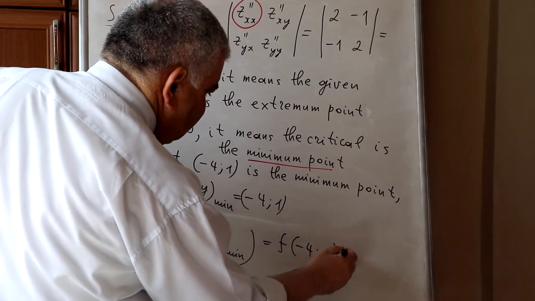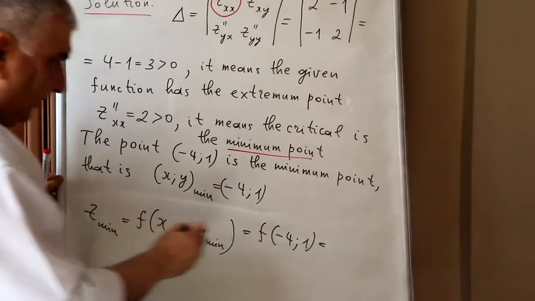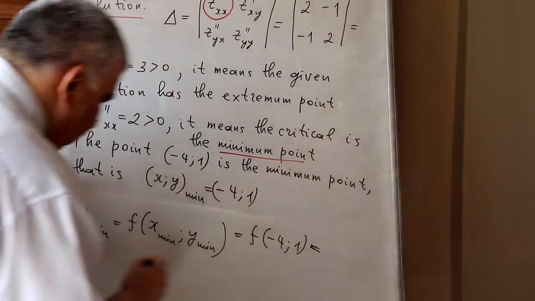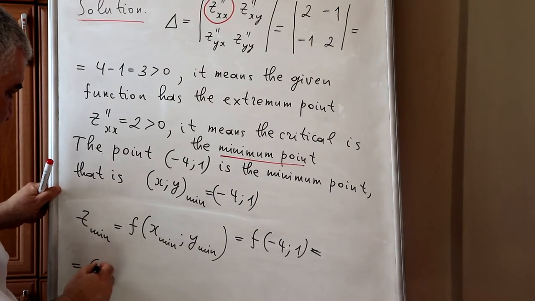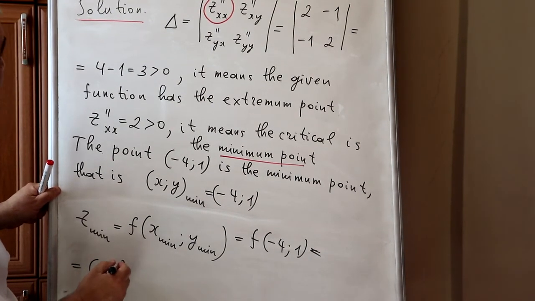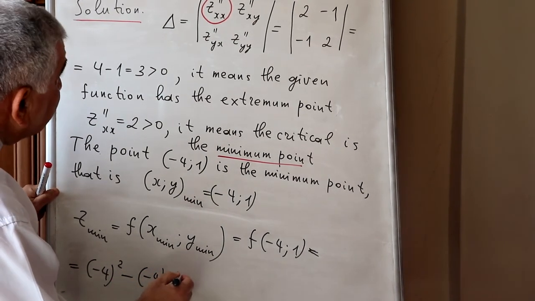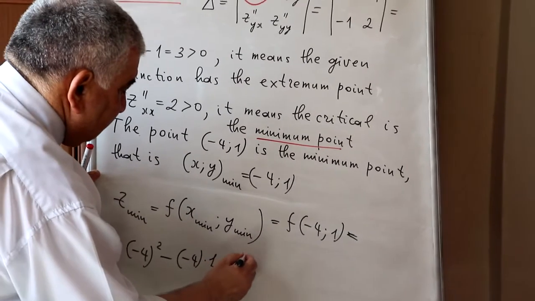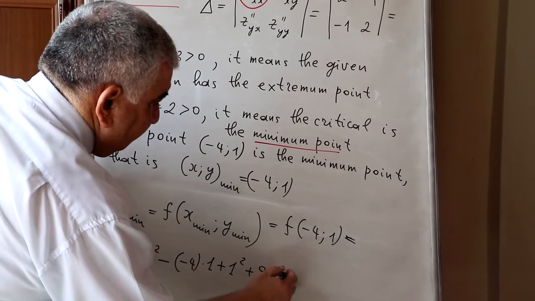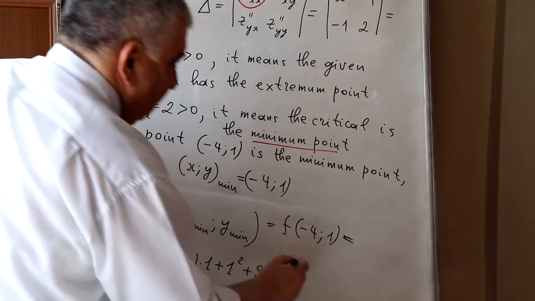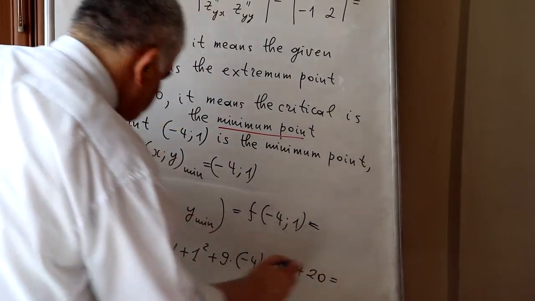It means we must substitute minus 4 instead of x and 1 instead of y. Equals minus 4 squared minus minus 4 multiplied by 1 plus 1 squared plus 9 multiplied by minus 4 minus 6 multiplied by 1 plus 20.